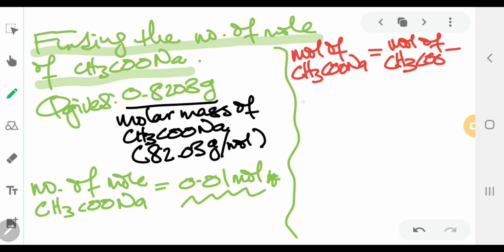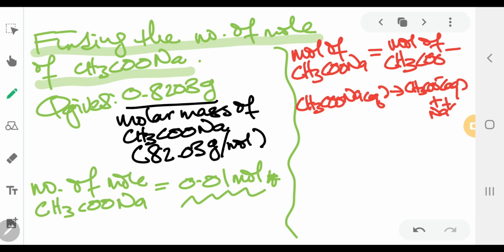Because when you dissolve CH3COONa in aqueous, it will be fully dissociated to form CH3COO- plus Na+.